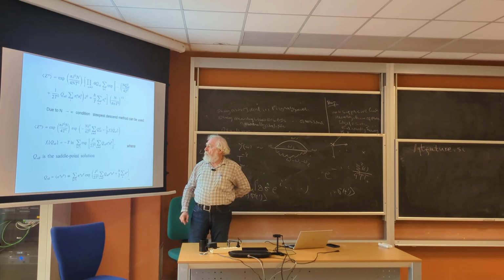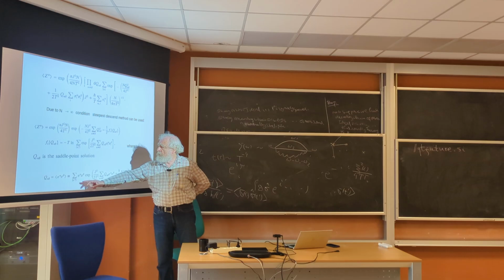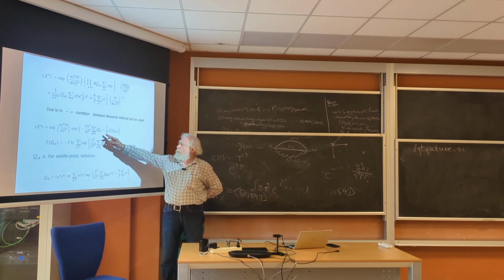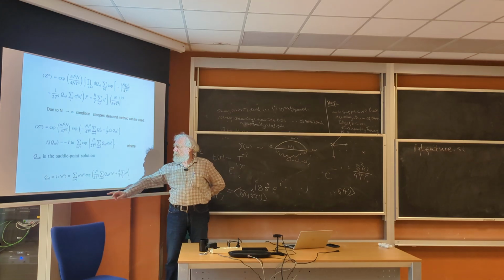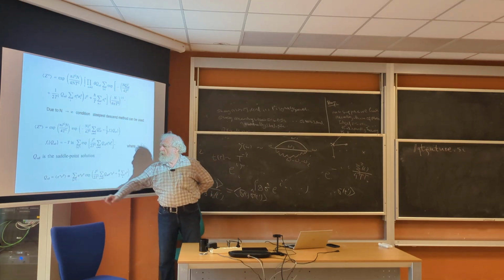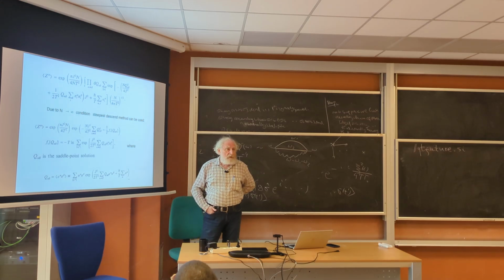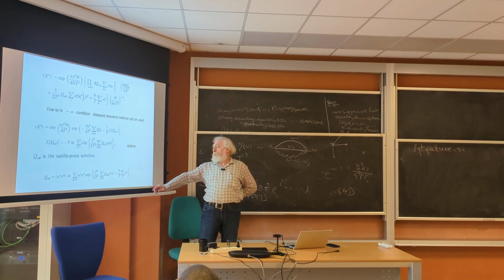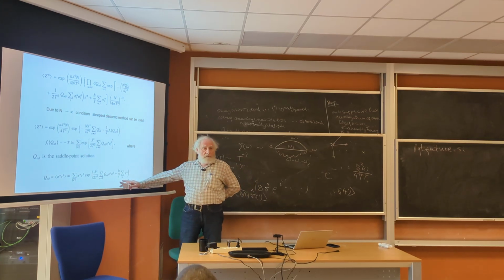Now, saddle point equation is the following: you take a variation over q and put it to 0, and it leads you to this equation, that q alpha beta is the average over sigma alpha sigma beta. This averaging means you take a trace with such a Gibbs weight.